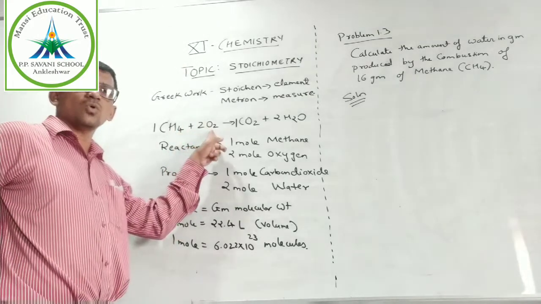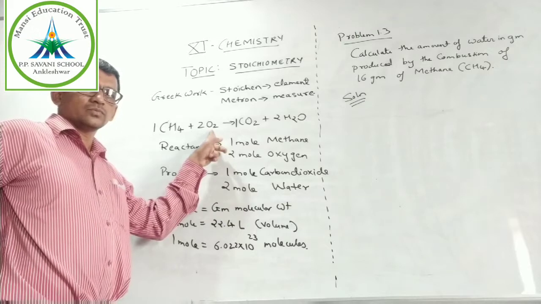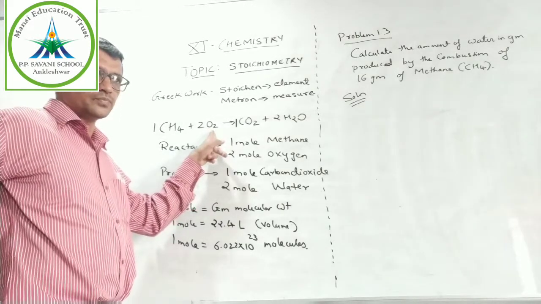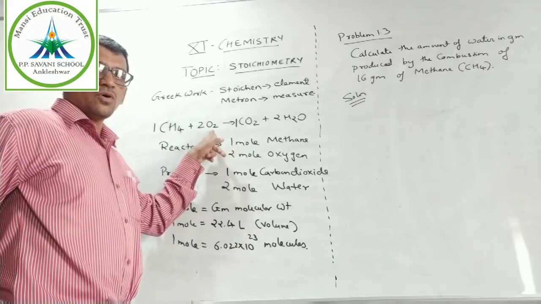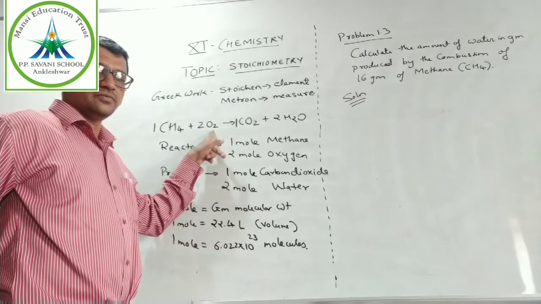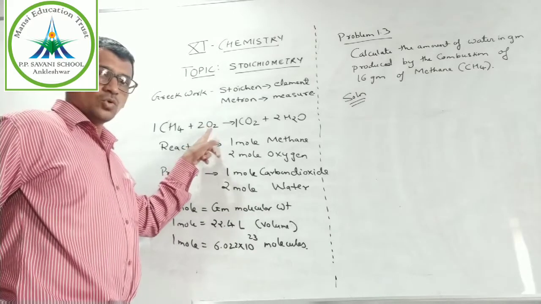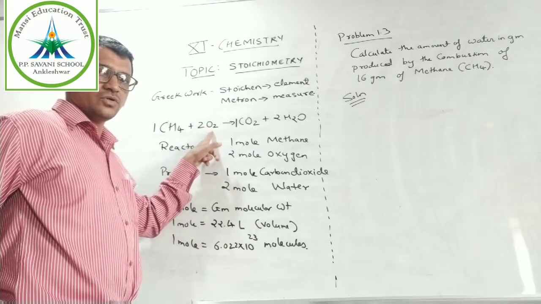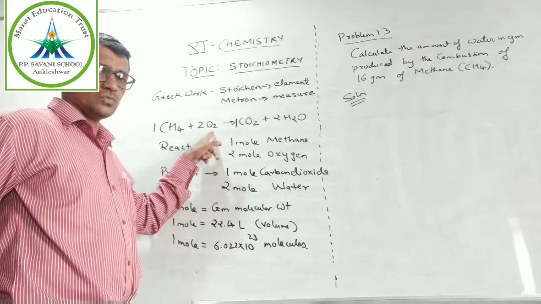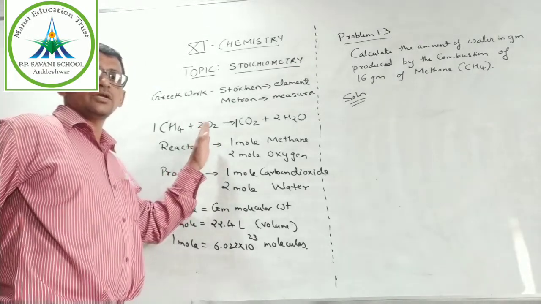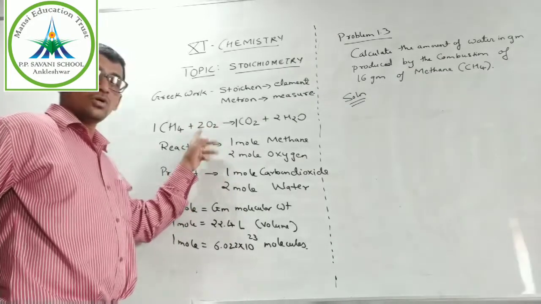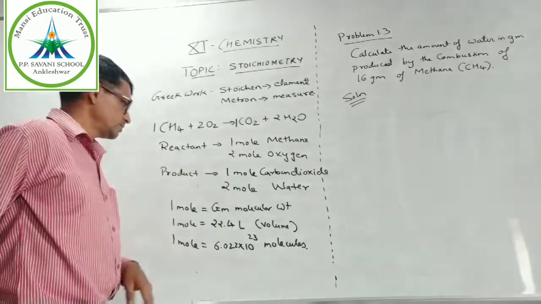Similarly, oxygen O2: the atomic number of oxygen is 8 and its weight is 16, so O2 is 16 and 16, which is 32. So 1 mole of oxygen is 32 gram, but here it is 2 moles, so 64 gram.